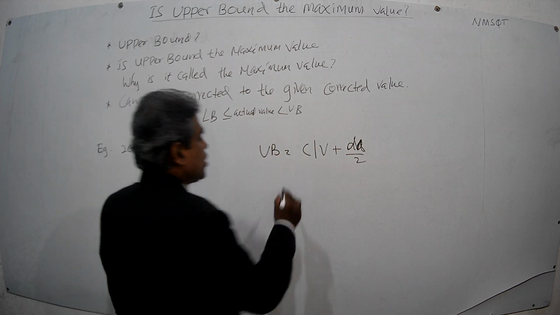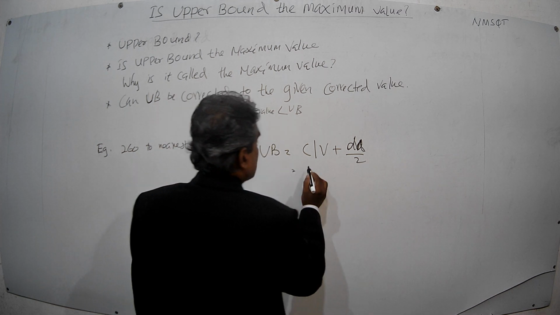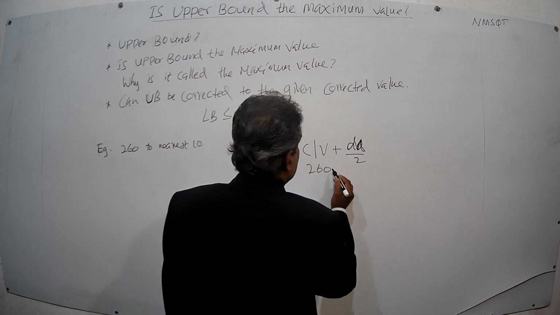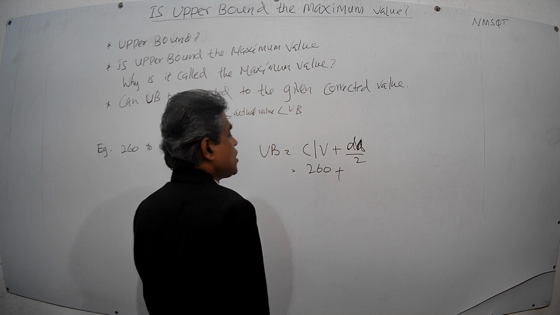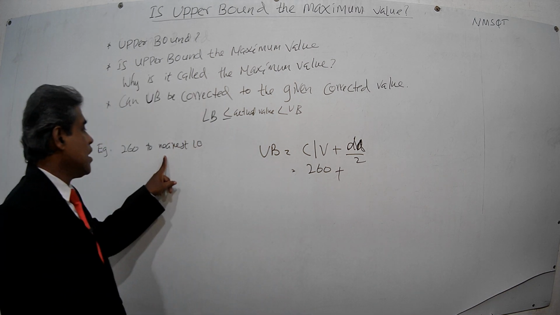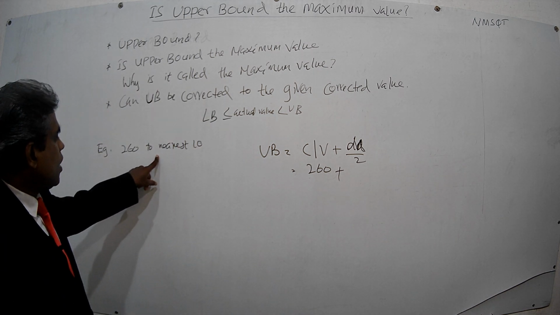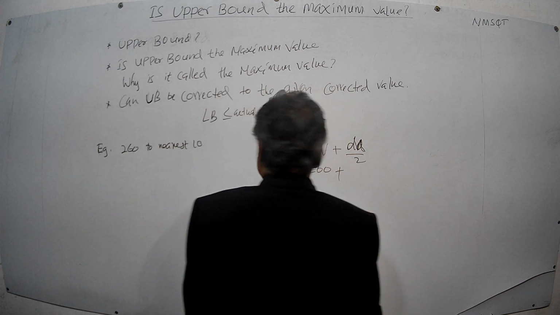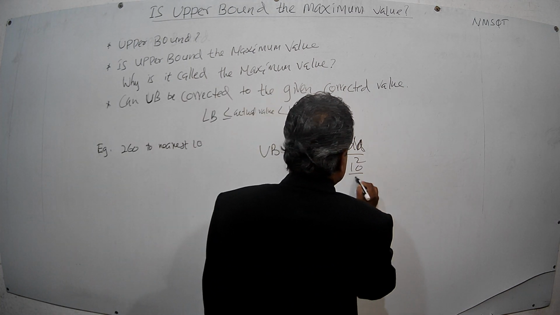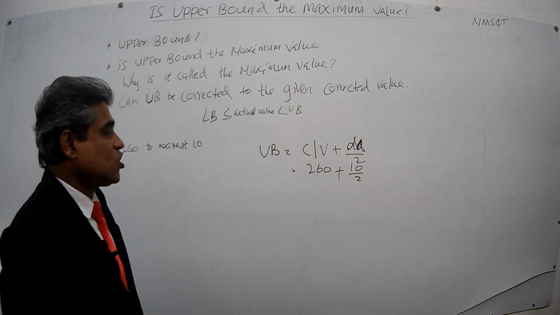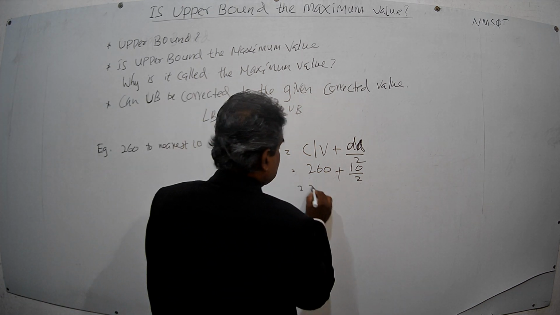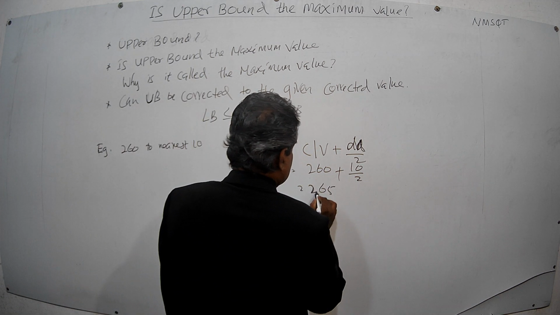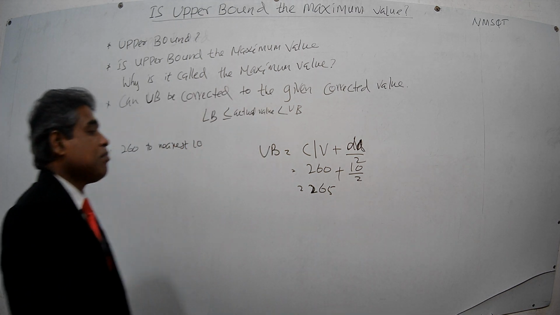Then we will find the upper bound of it. 260 is the corrected value, plus degree of accuracy. It is given to nearest 10, that means degree of accuracy is 10. 10 divided by 2 is 5, then 260 plus 5 is 265. 265 is the upper bound.